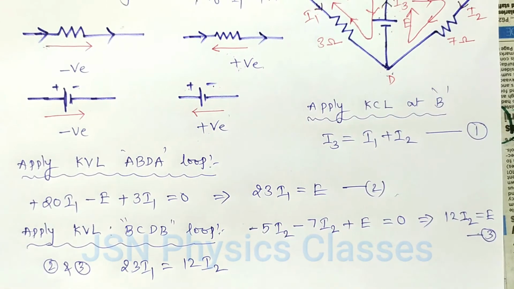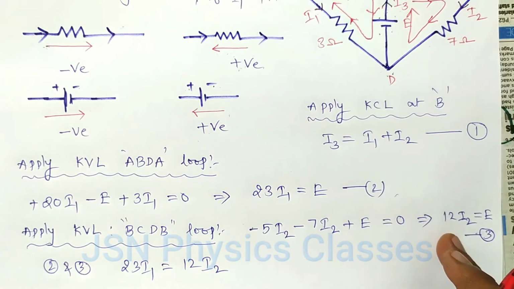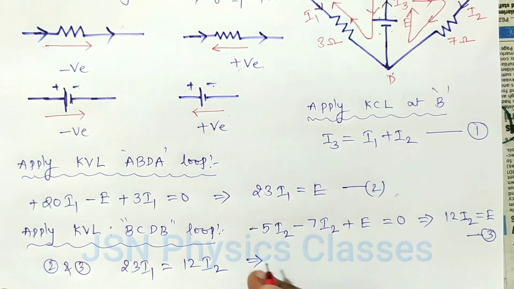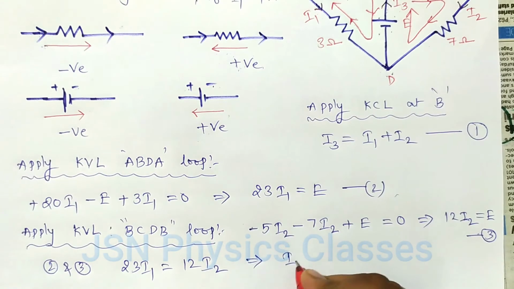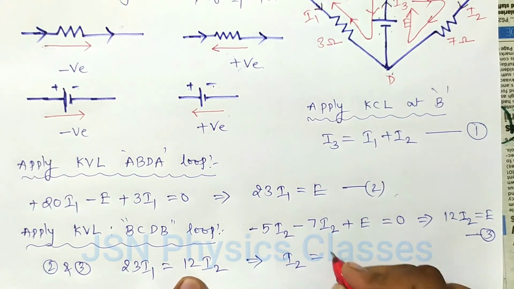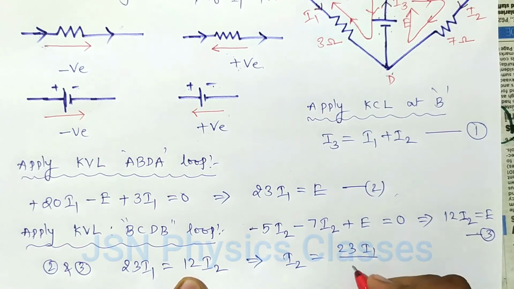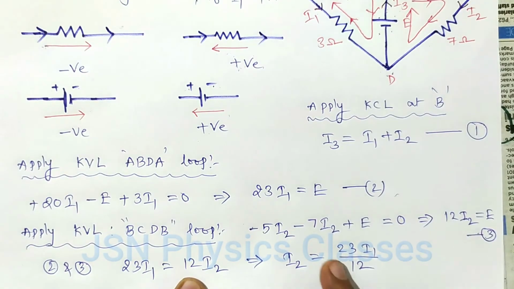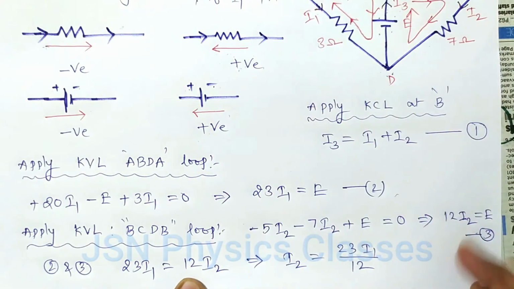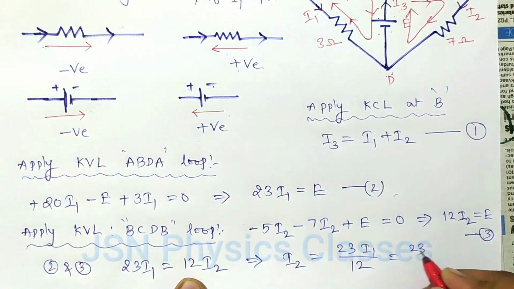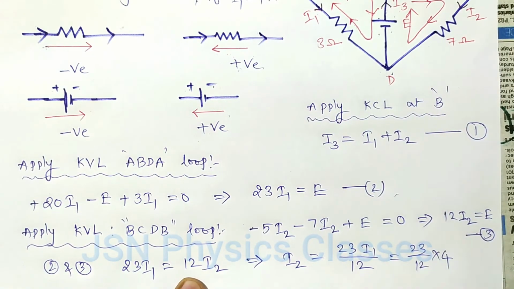So I2 is equal to 23 I1 by 12. I1 is equal to 4 amperes, so it is 23 by 12 into 4, which is equal to 7.67 amperes.